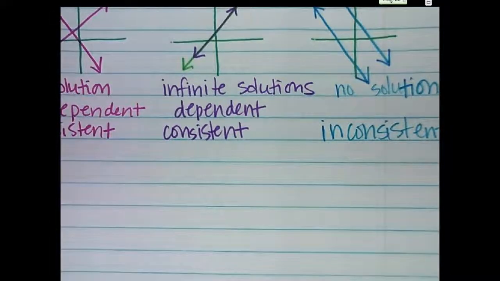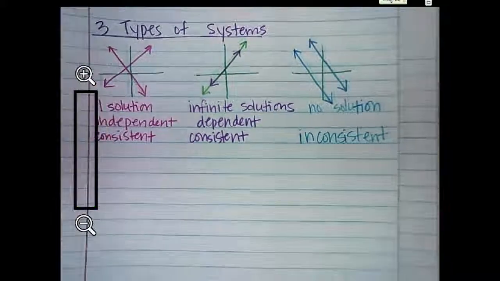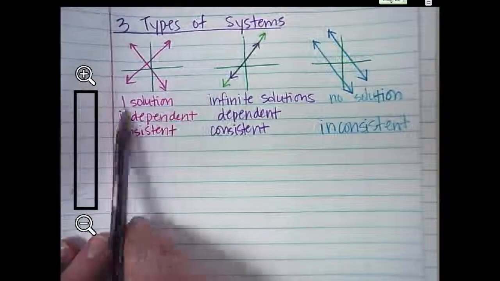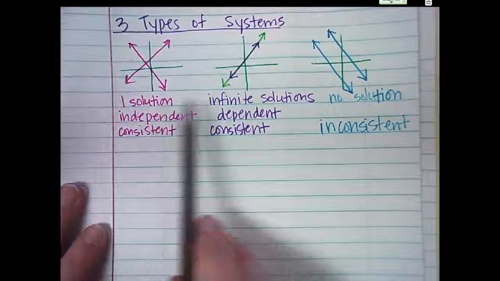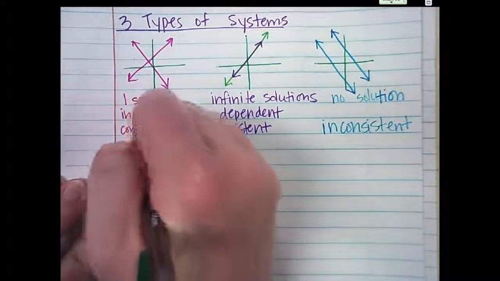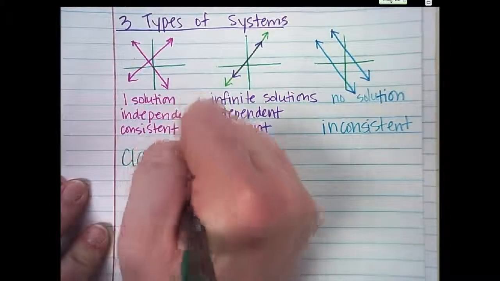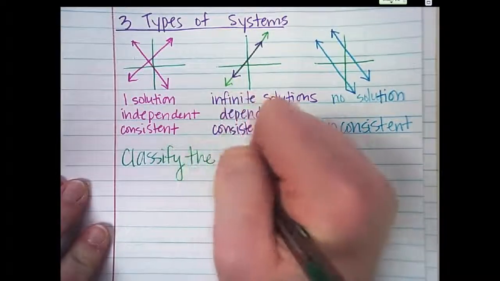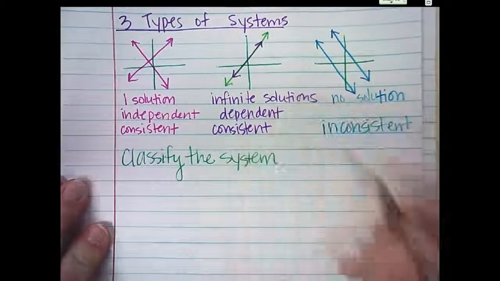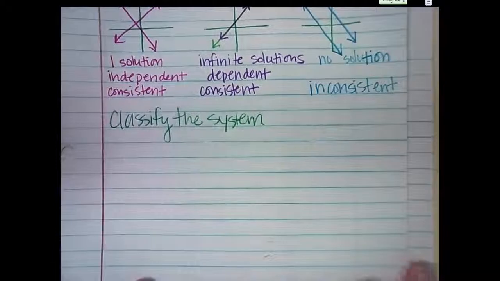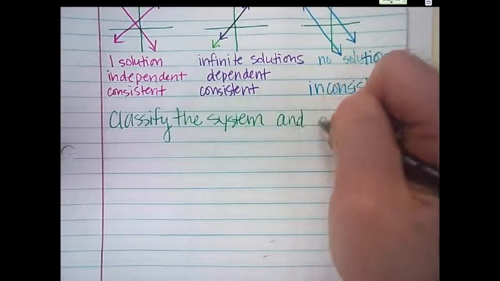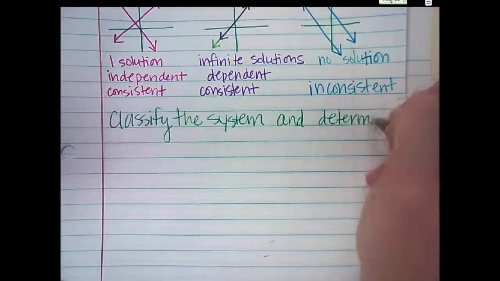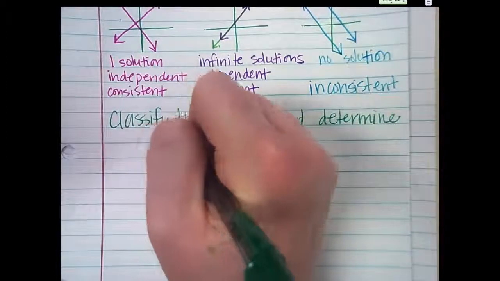Okay, so we're going to do 2 examples where we're just going to classify the system. When I say classifying, I just mean this right here, and then determining the number of solutions. So this is what your directions would say, like on a quiz or test. Classify the system and determine the number of solutions.